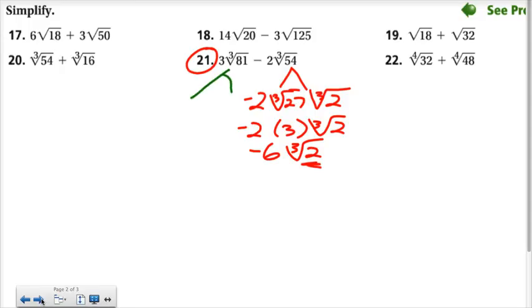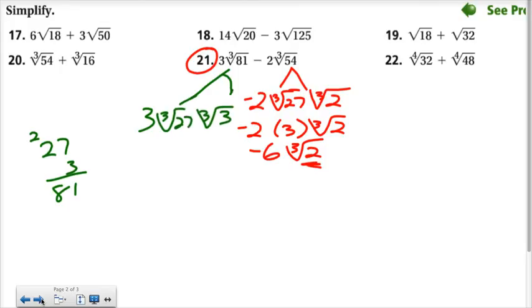So I think about my cube root of 81, and I realize 27 will go into 81 3 times. So this will be the cube root of 27 and the cube root of 3 when we break that down. That will give us 3 times 3 cube roots of 3, which is 9 cube roots of 3.